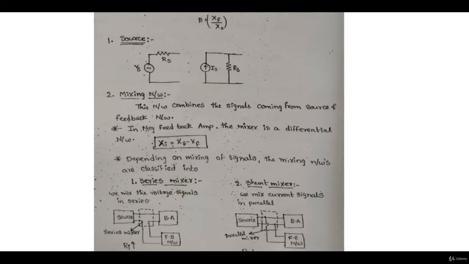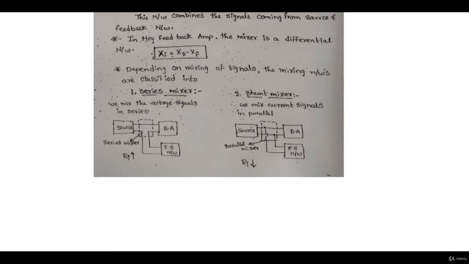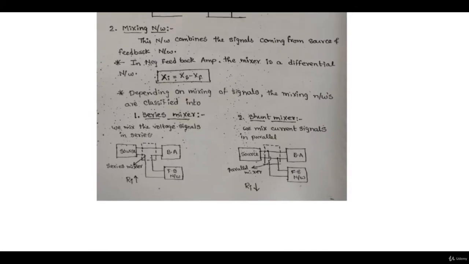Depending upon the mixing of the signal, the mixing network is classified into two types: shunt mixing and series mixing. Why it is called shunt or series: the way the feedback signal is connected to the source defines whether it is series mixing or shunt mixing.